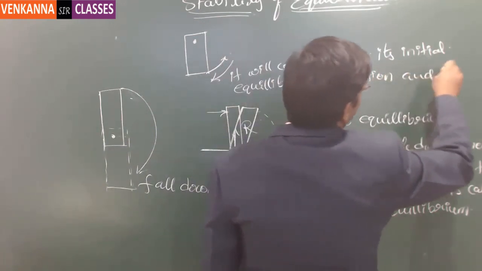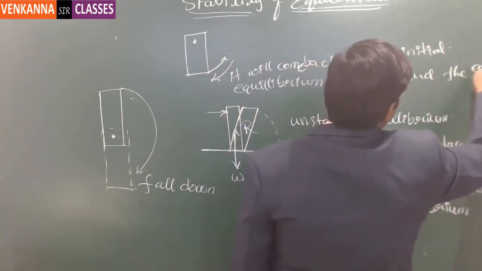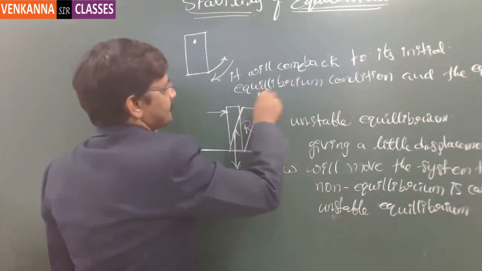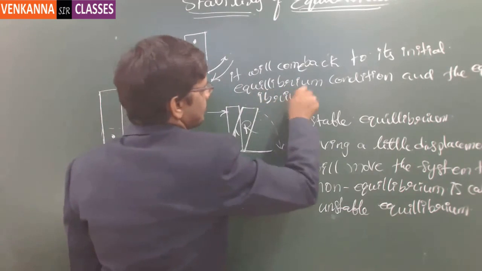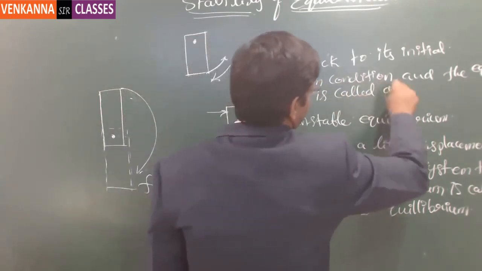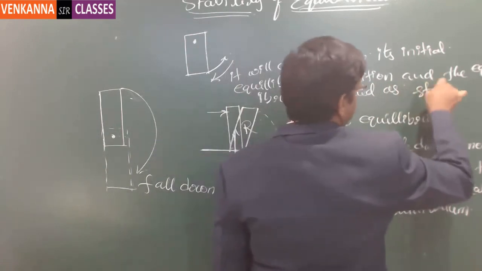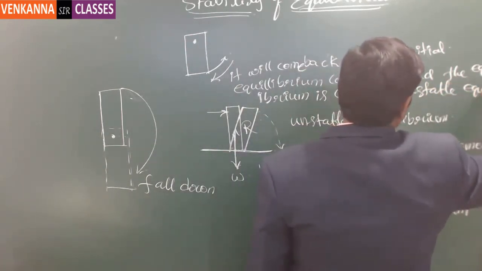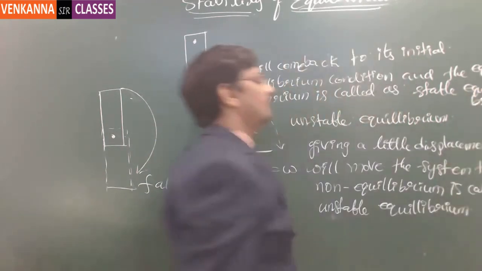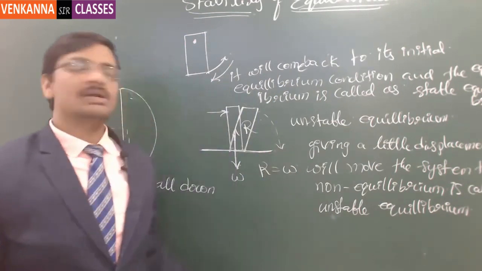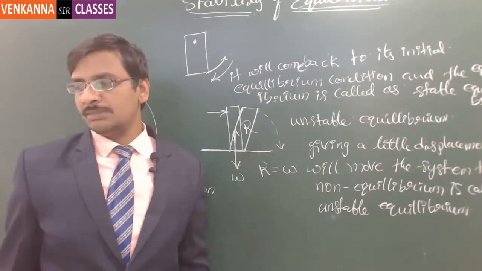This equilibrium is called stable equilibrium. So this is stable equilibrium and this is unstable equilibrium. I hope you got an idea what stable and unstable equilibrium are.